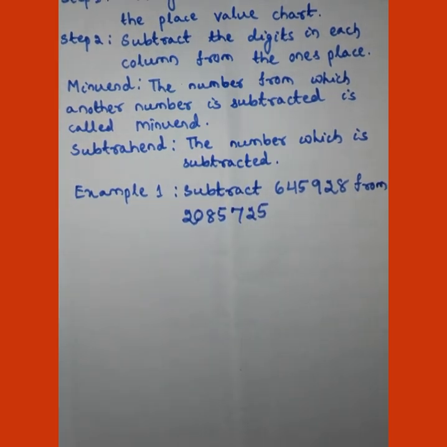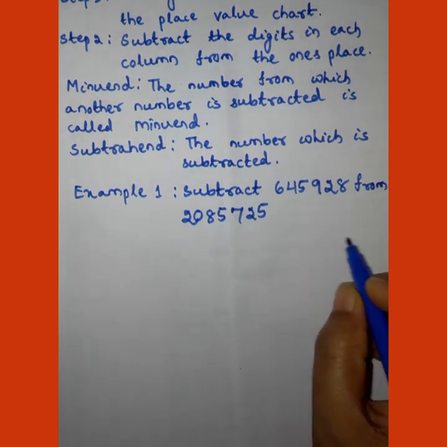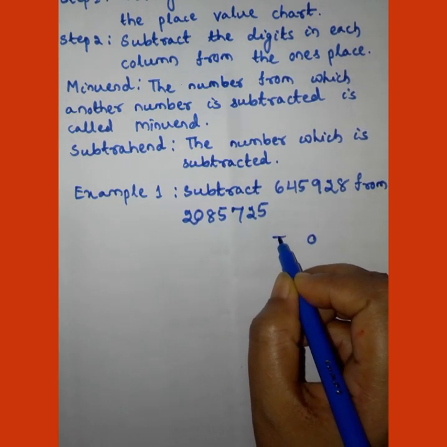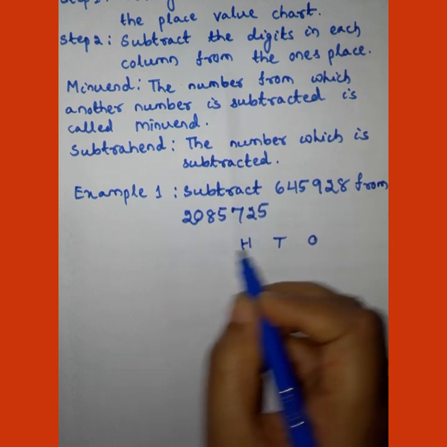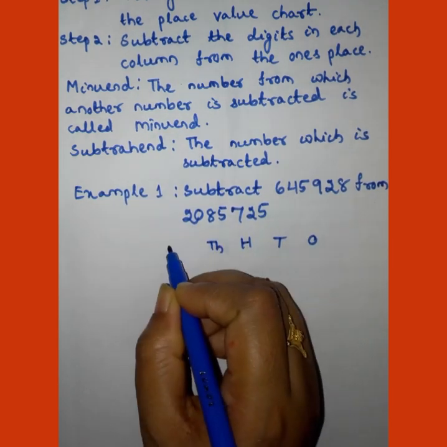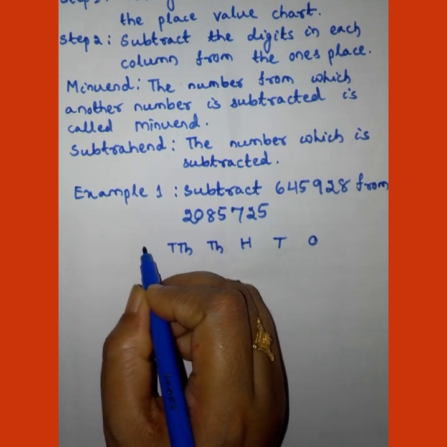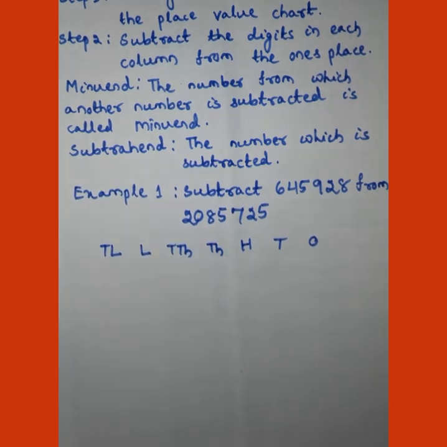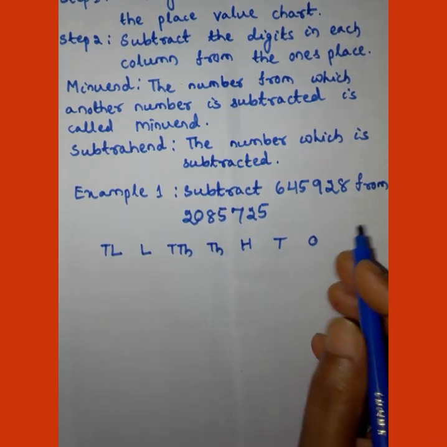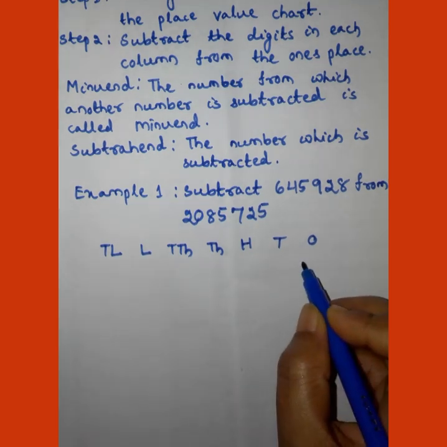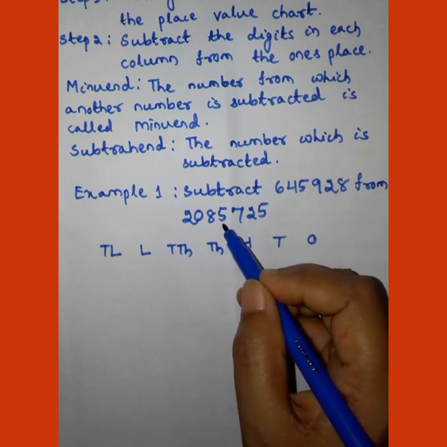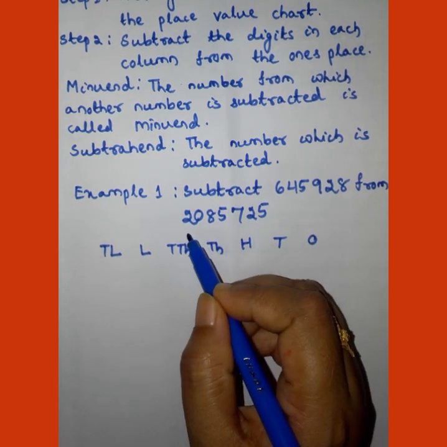Let's arrange the numbers in the place value chart. This is ones place, this is tens place, this is hundreds place, this is thousands place, this is 10,000 place, this is lakh place, this is 10 lakh place. Then arrange the numbers in the places. We have to subtract this number from this number. That's why we have to write this number first.